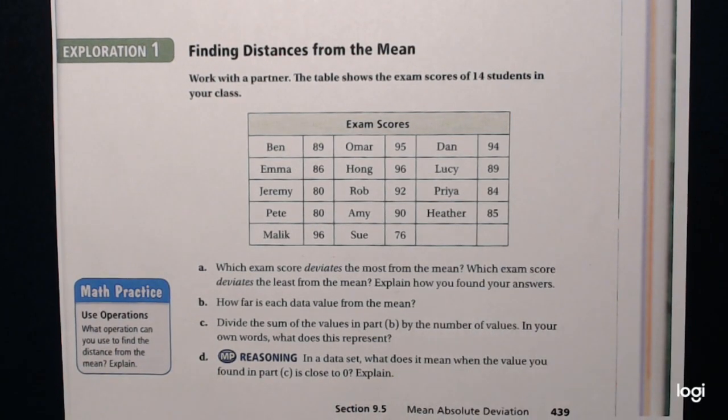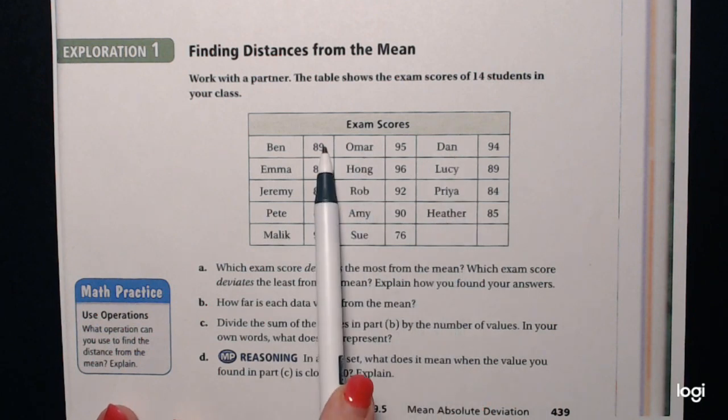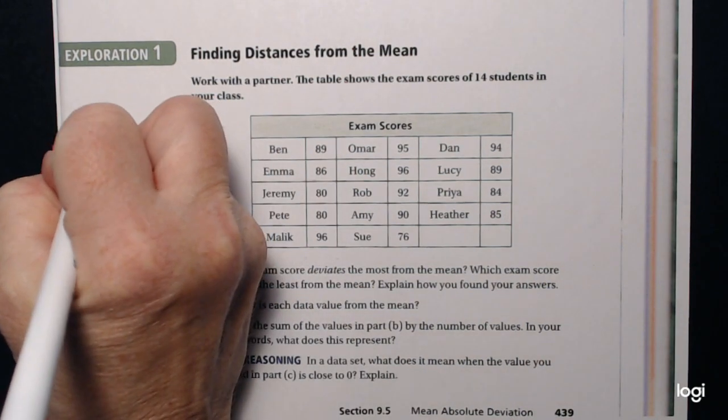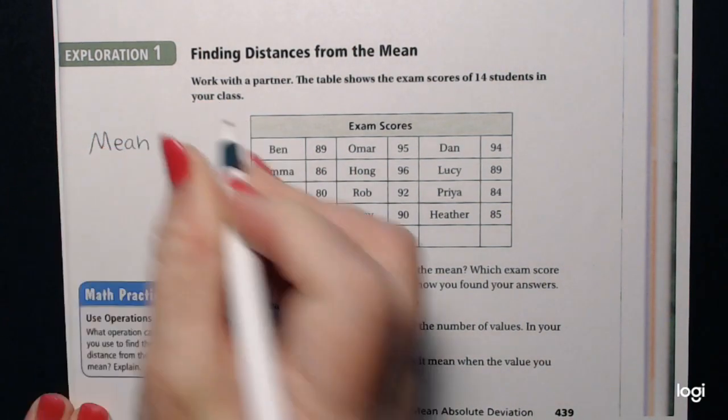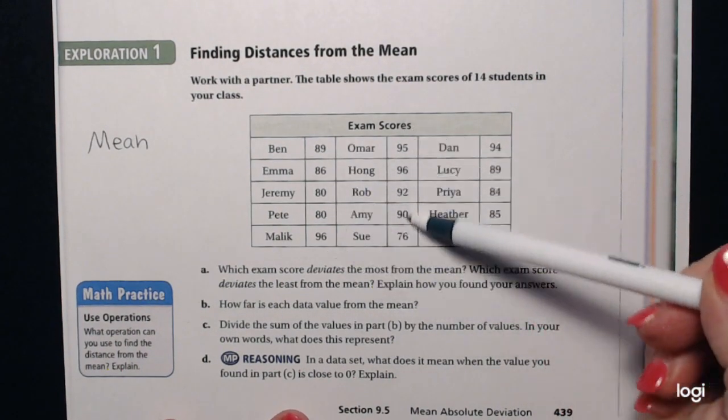So if you notice on the screen, this is from your textbook, I have a list of exam scores for students. So we have the 14 students' names, and we have all of their scores. The first thing we have to do is find the mean. All right, well, we know how to do mean. We have to add all of our scores up.